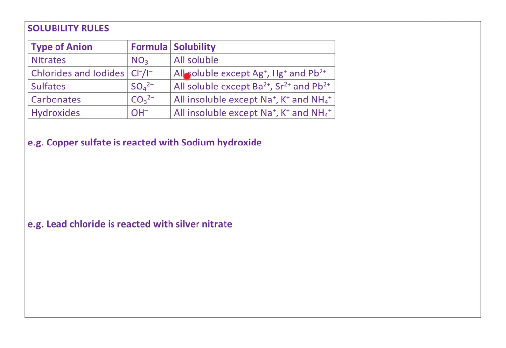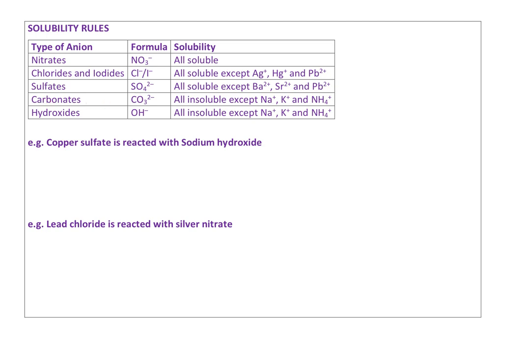Chlorides and iodides are all soluble except for Ag+, which is silver, Hg+, which is mercury, and Pb, which is lead. With the sulfates, another one of our polyatomic ions, 1 sulfur, 4 oxygens with a 2- charge. They will be all soluble except for Ba, barium, Sr, strontium, and Pb, lead.